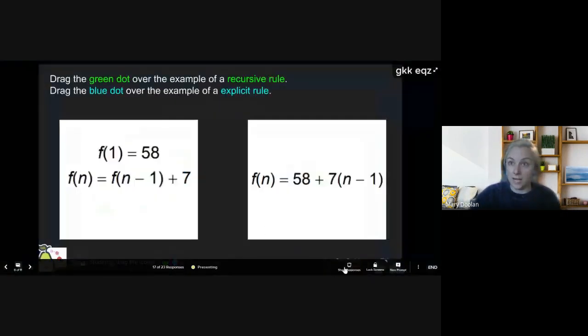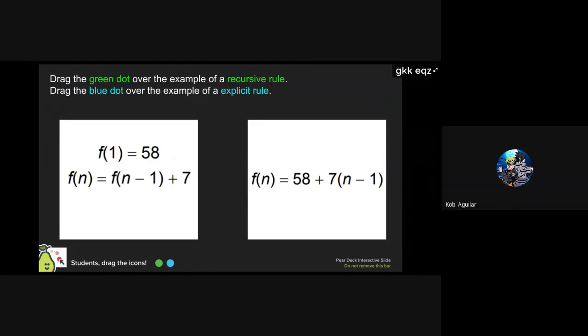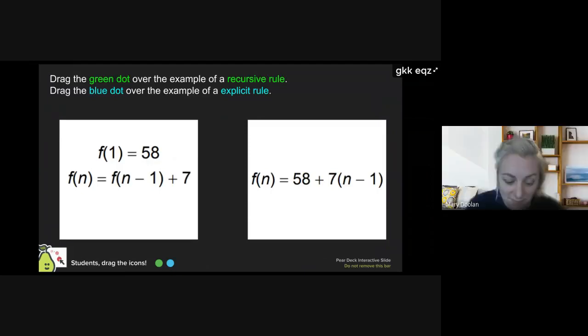I'm gonna hide that. Let me ask you this. What do you notice that's different about these 2 examples? Anybody want to put it in the chat or say it? You notice anything different? One has more of the equation. It does, absolutely.